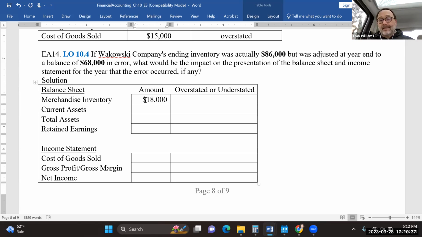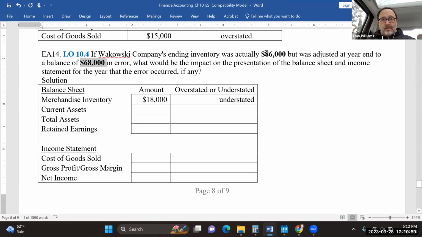Instead of typing in 86,000, they typed in 68,000. That's an easy mistake to make. So the accounting records are $18,000 too low compared to the actual inventory, so they are understated, right? Because the accounting records are lower than the actual.